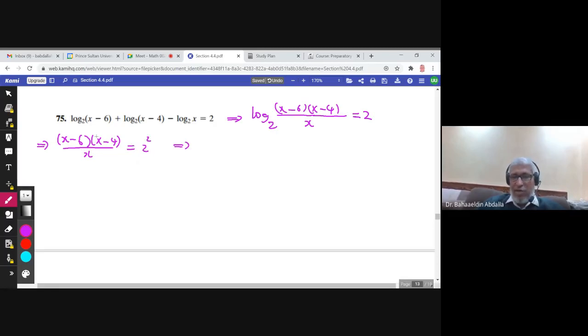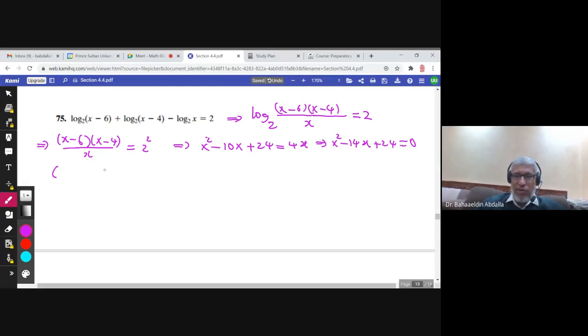If you multiply cross product and also expand this one, I will have x squared minus 6x minus 4x, you will get minus 10x plus 24 equals 4x. And now you can take 4x to the other side because this is a quadratic equation. So I will have x squared minus 14x plus 24 equals 0.